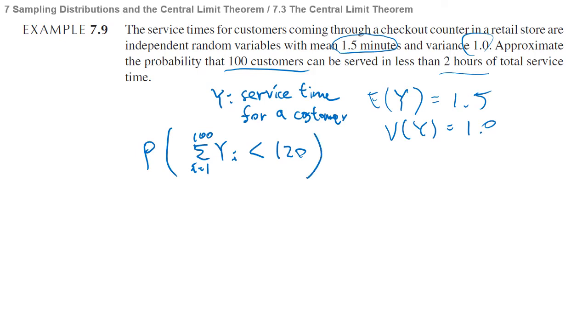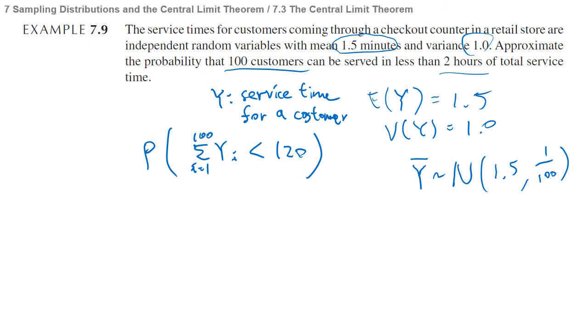What we know is that Y bar, the mean service time, would follow a normal distribution with mean 1.5 minutes and variance 1 over n, where n is 100.